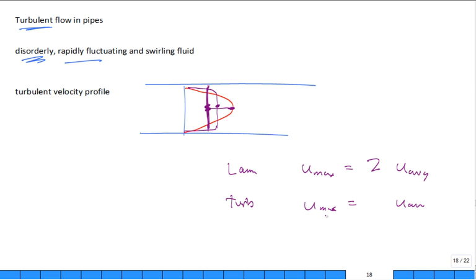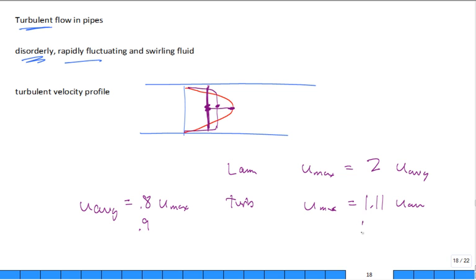Maybe I should have written it like this. The average, U average, is maybe 80% or 90% of the maximum. So reciprocate 0.8 or reciprocate 0.9. 1 over 0.9, what is that? 1.11. 1.2, somewhere in there.